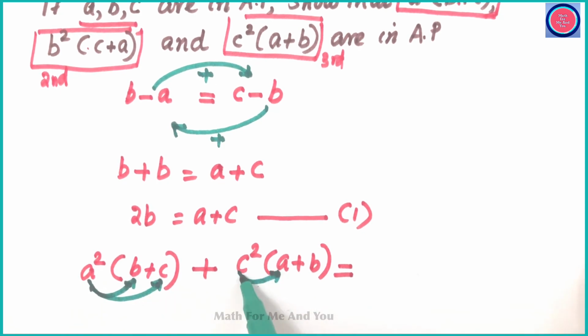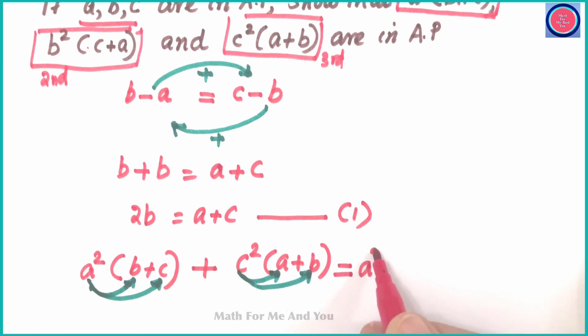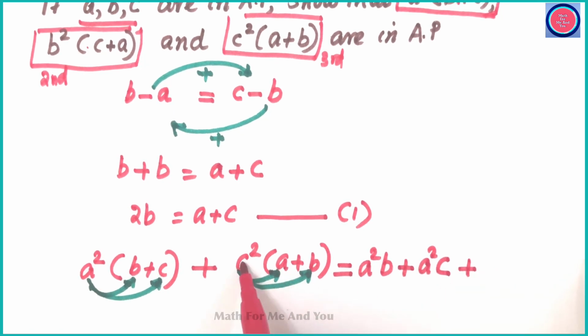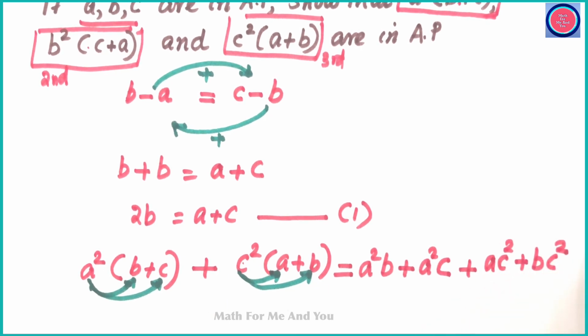And then the second bracket we remove by multiplying c square times a and c square times b. The result we could write: a square b plus a square c, plus ac square plus bc square.